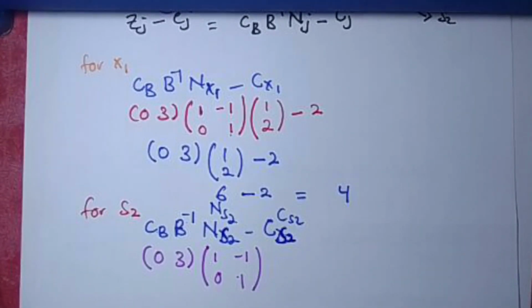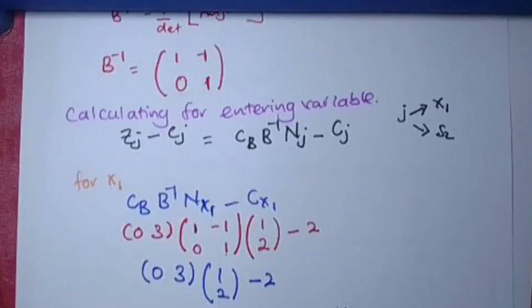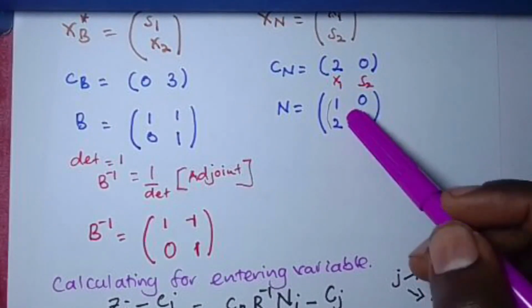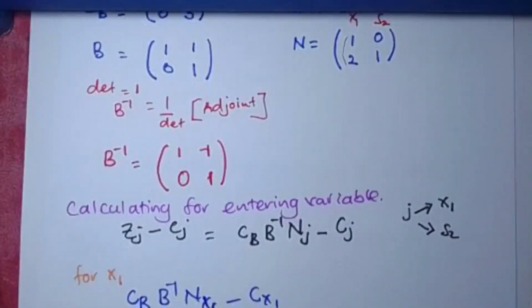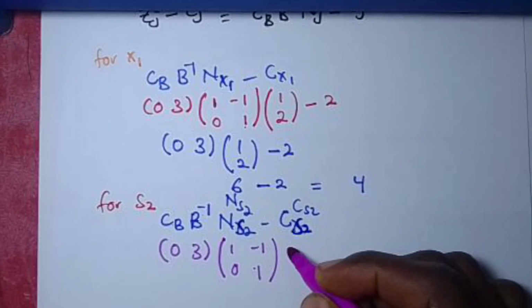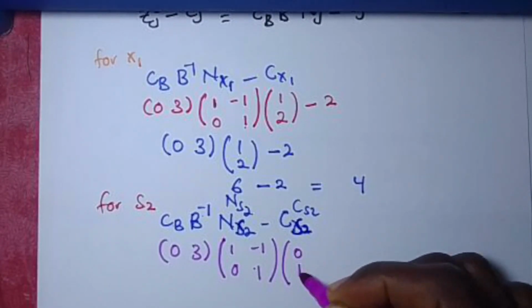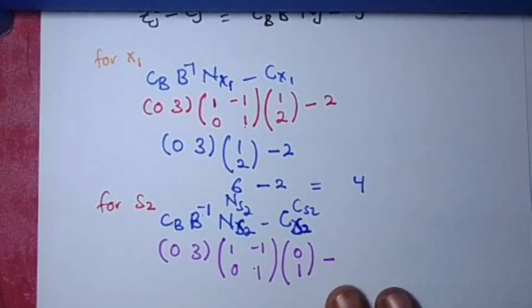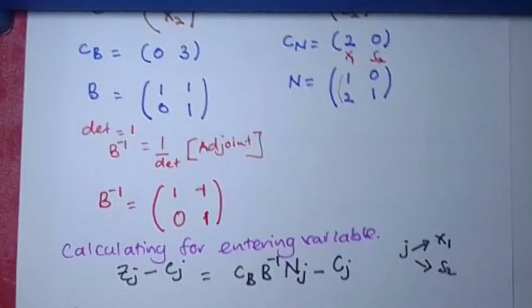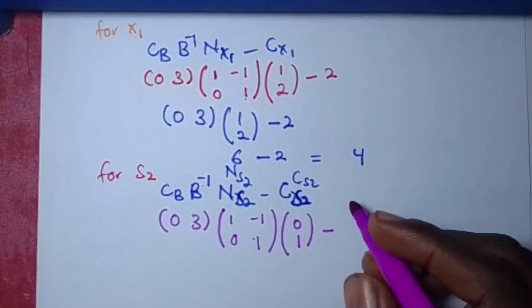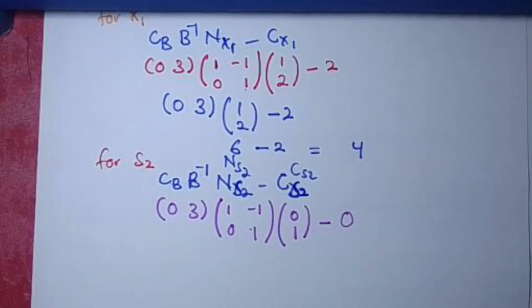So let's look for N of S2. Now go back here. S2 is represented by this here, so it is going to give us our N of S2. So here we shall write N of S2 is a 0 and a 1 minus C of S2. Now the coefficient of S2 is 0, so we put that 0 there.